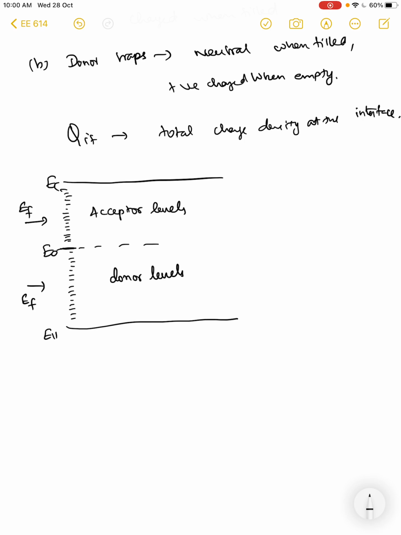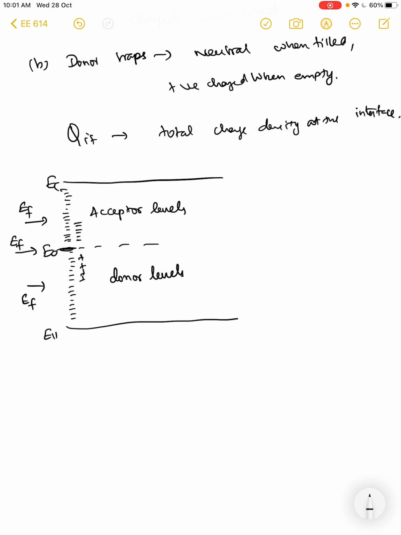Did I make myself clear? So we have an energy level E naught at which your interface is neutral, and if our EF is at E naught, you have zero interface charge densities. But if your EF is higher than E naught, that is, you put your Fermi level at a point which is higher than E naught, then you have negative charges at the interface, and if you have your EF below E naught, then you have positive charges at the interface.